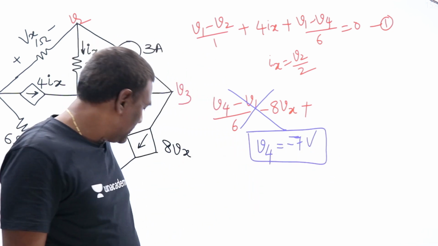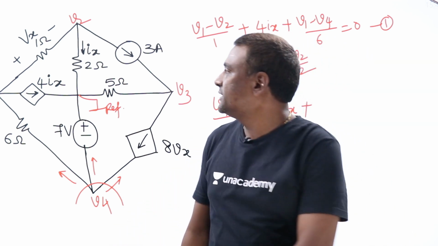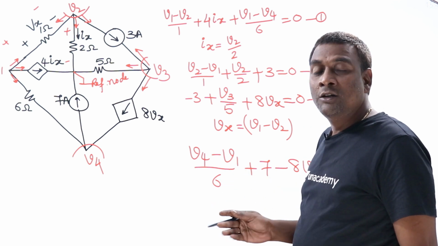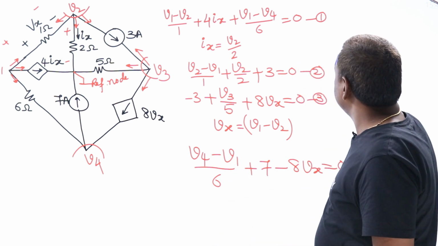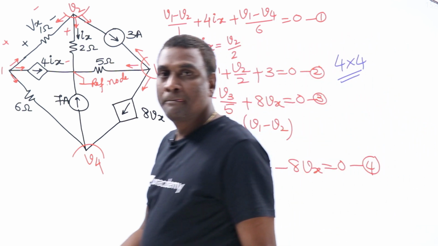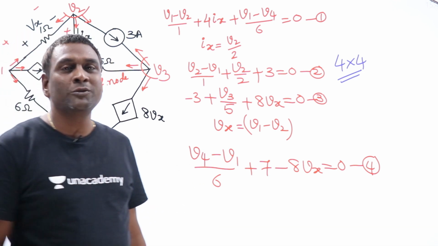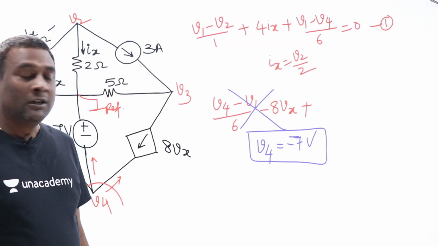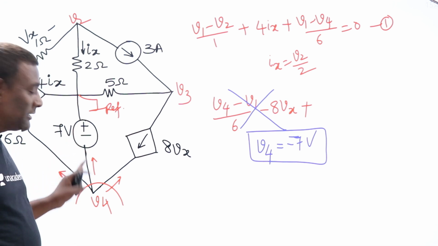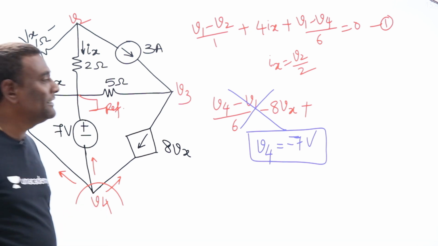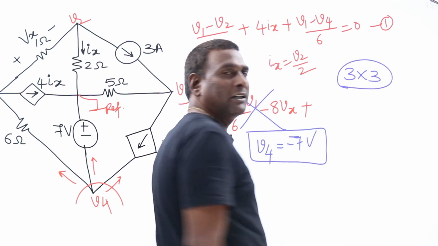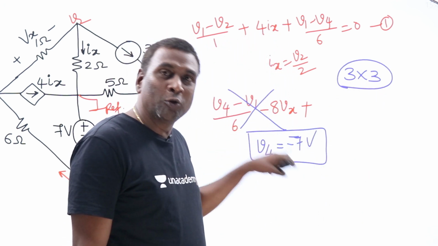Now, if you see the comparison, in this one we got 4 equations. Those 4 equations have to be solved, meaning it will give you a 4 by 4 matrix, because 4 variables have to be found. Because of this voltage source, what happened? I need not apply KCL here. Only 3 equations will come and 3 independent variables, because directly V4 equals minus 7.